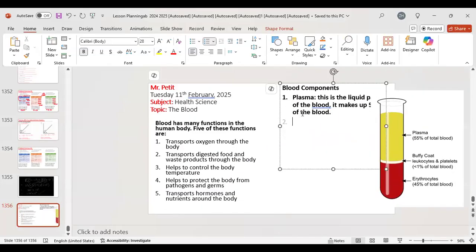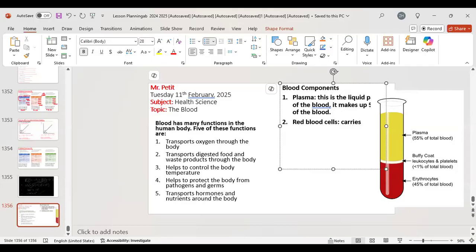Then we have the red blood cells. This is the specialized part that carries the oxygen throughout the body. Very good.